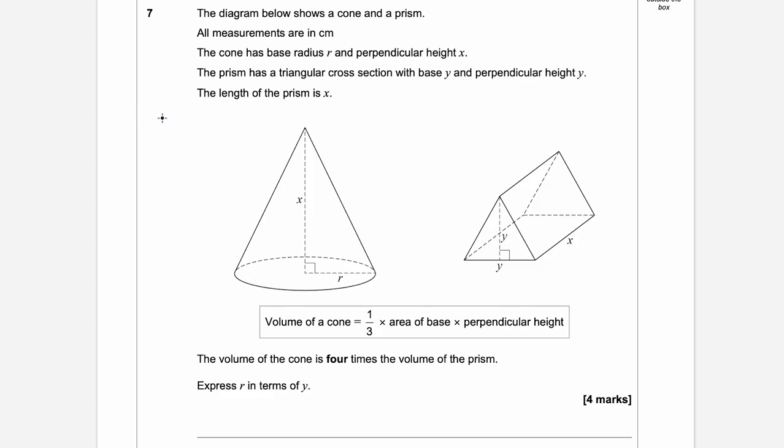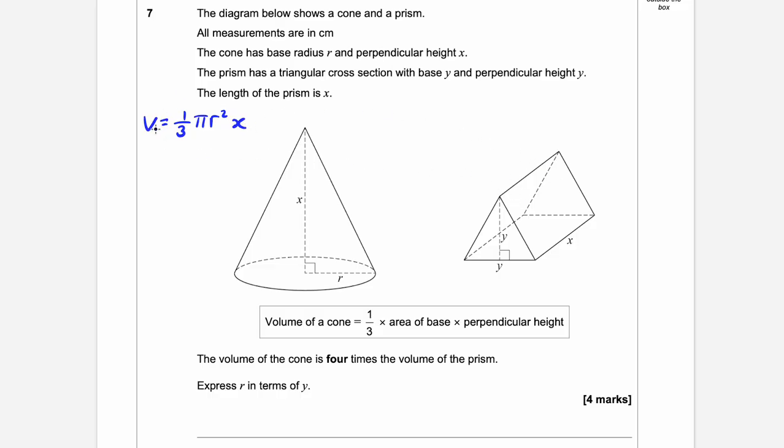So, volume of the cone: volume equals a third area of the base times perpendicular height. Area of the base is pi r squared. The height is x. Okay, easy.